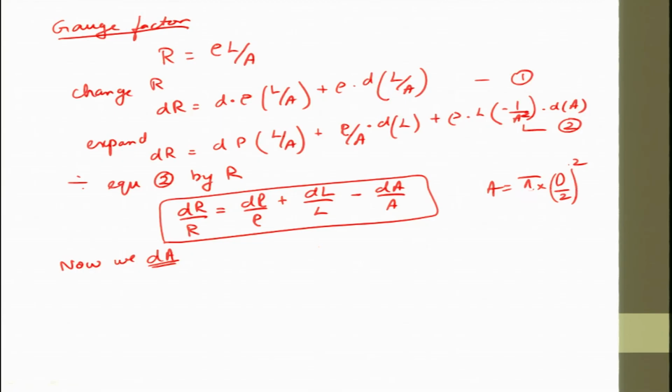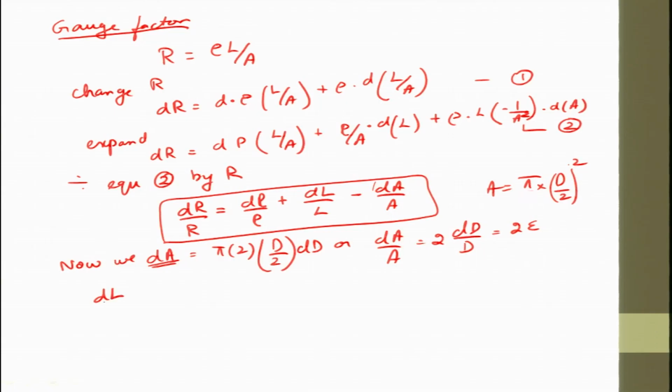When you differentiate this, dA by A, which is the factor we need, is equal to 2 times dD by D, which is nothing but 2 times epsilon transverse, because that is Poisson's ratio.